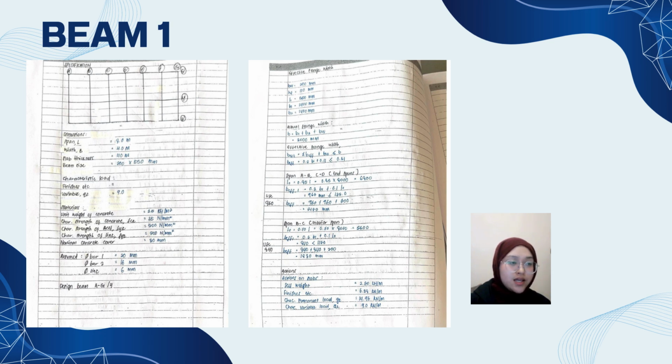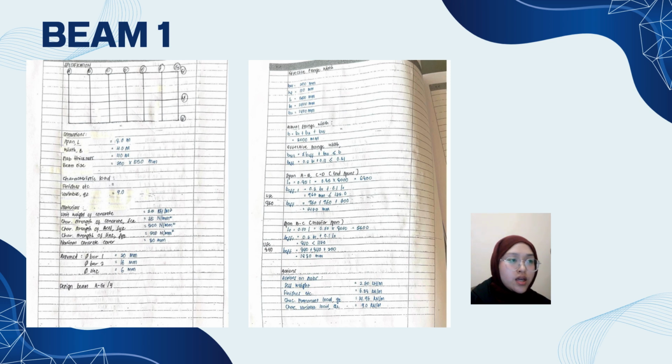For this design, we use concrete grade 25 fck, high strength steel 500 for both the main reinforcement and the links. We also assume a 30 mm concrete cover to protect the beam from the environmental factor.